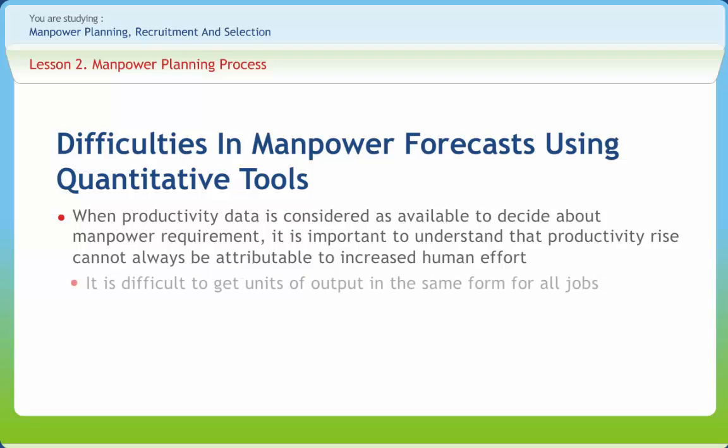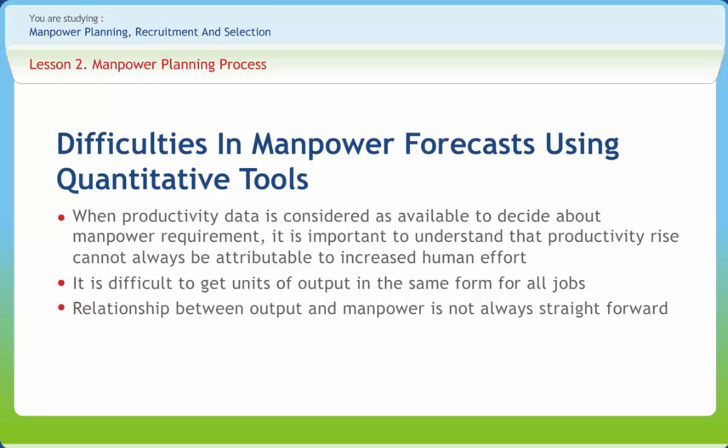It is difficult to get units of output in the same form for all jobs. Relationship between output and manpower is not always straightforward. Increase in output may lead to economies of scale and result in cost efficiency and rise in productivity, which may not be attributable to manpower productivity.